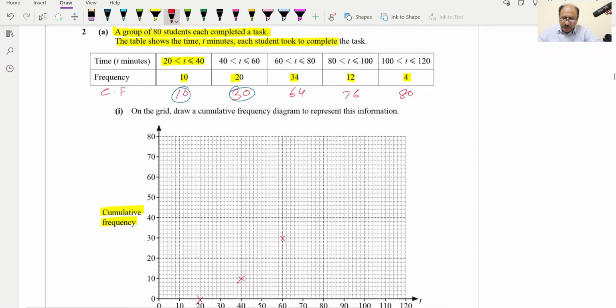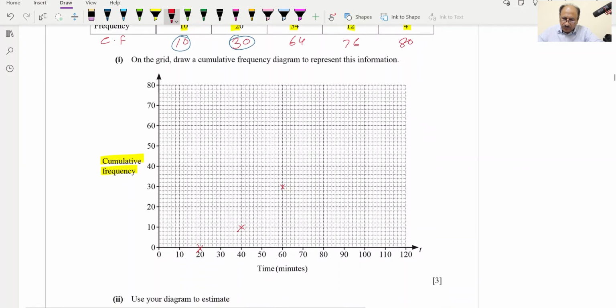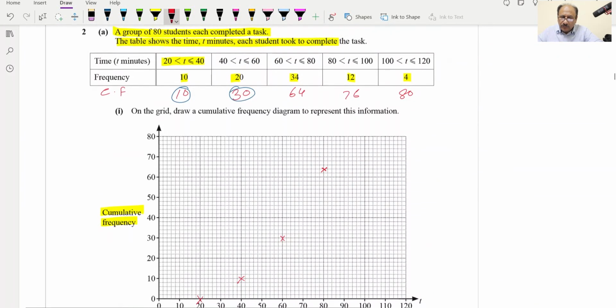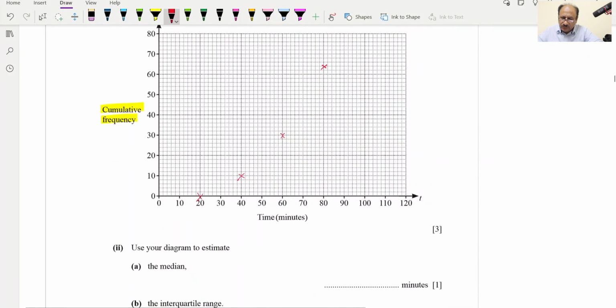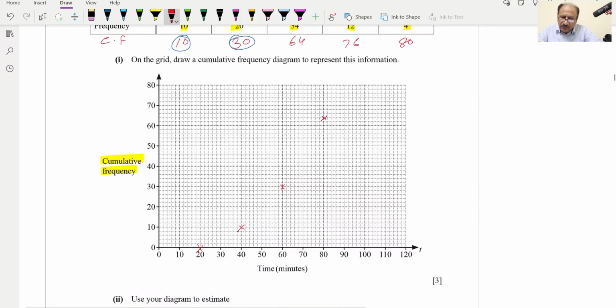Less than 80 is 64, so 64 will be this. Then less than 100 is 76, so 76 will be up to this one, and less than 120 is 80, so the 80 mark will be this top right corner.